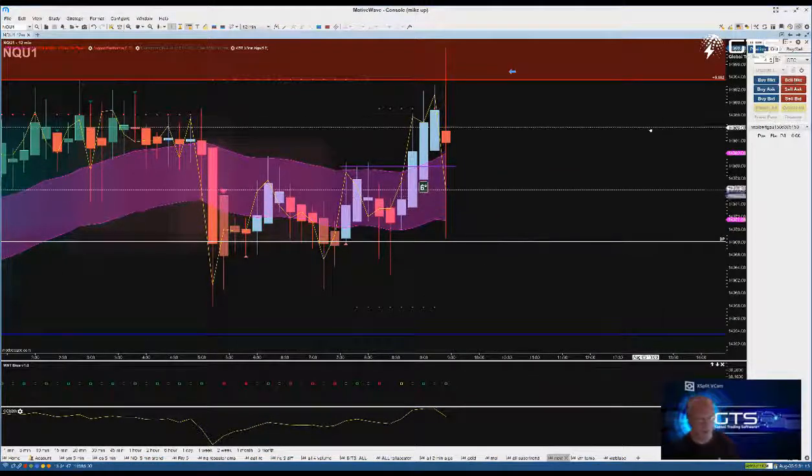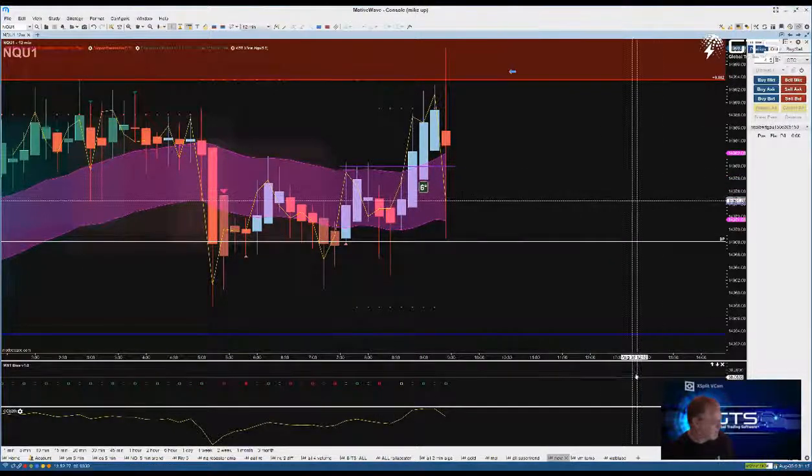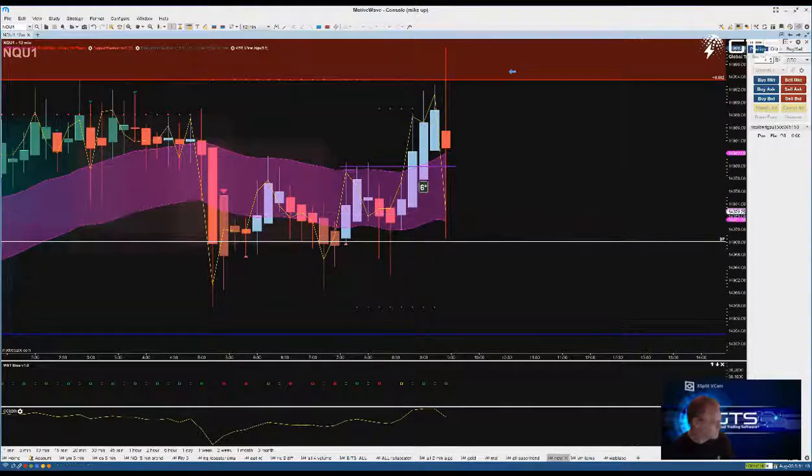Wow. Reversal's coming there. Yeah, it's going to tank. Really likely. I think it's going to go right back up, guys.